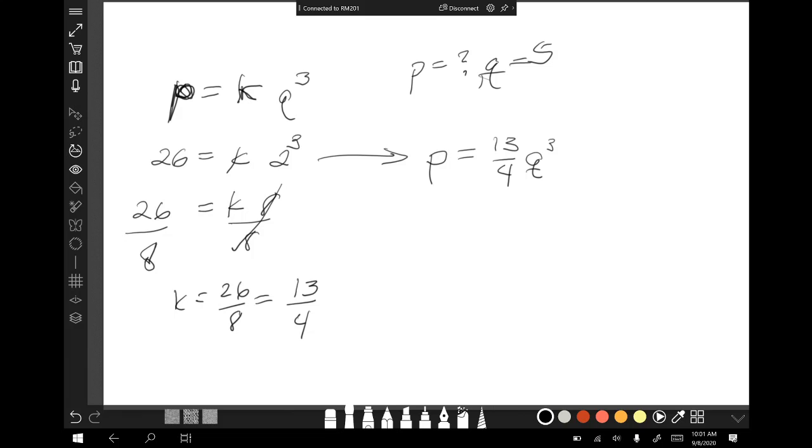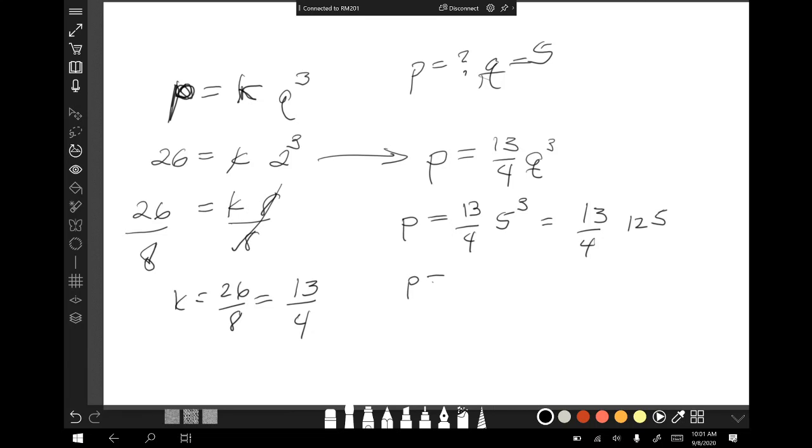Q equals 5. Yeah, q equals 5. 5 cubed is 125. Thank you. And there's no real simplifying there. You're just going to have to kind of figure it out.